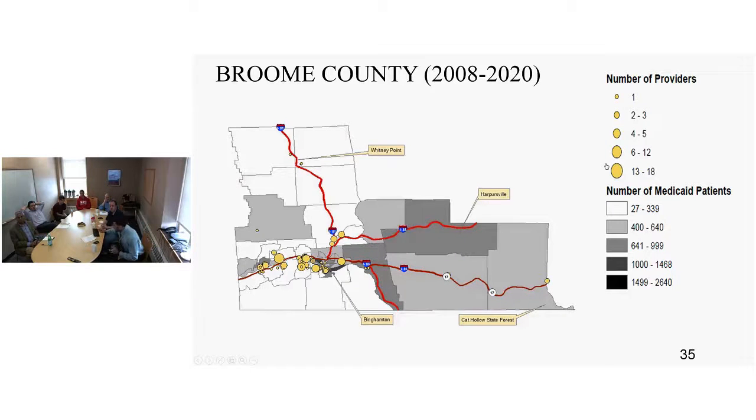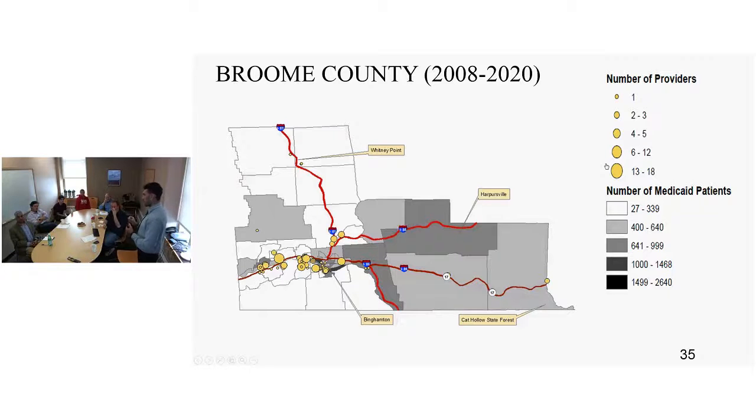The way that we have mapped the data on Broome County is that we calibrate the number of Medicaid enrollees for the whole county, and then distribute that number to the census tracts based on the fraction that we get from the census. The census tells us how many Medicaid enrollees reside in each census tract.